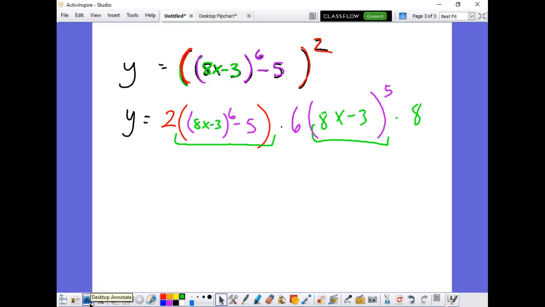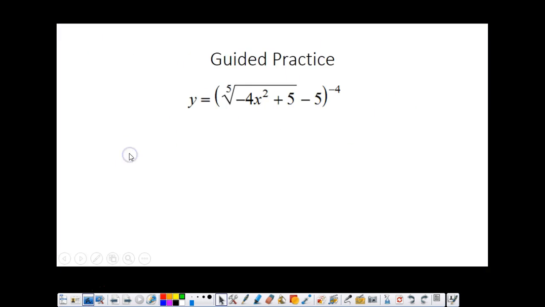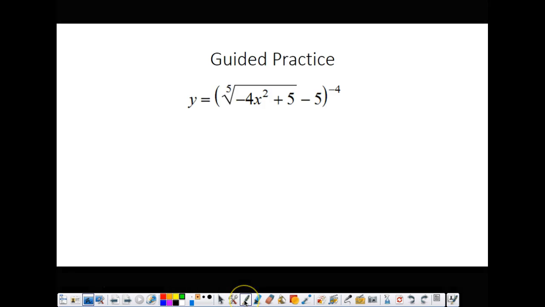All right. Let's see. So here's the other thing. What do you think I'm going to say we need to do here? We don't like roots, right? We like to change those into powers instead. Now you guys see that the root only applies to this piece here, correct?